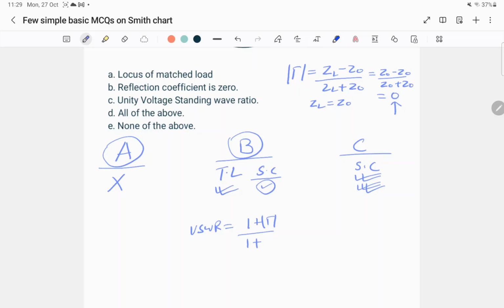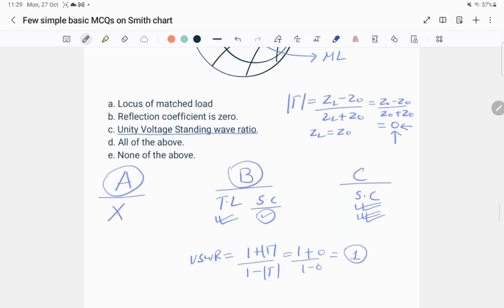Sorry, the numerator is 1 plus reflection coefficient and the denominator is 1 minus reflection coefficient. The reflection coefficient value is found to be 0. So if you put 0 here, you will get VSWR equal to 1. So unity voltage standing wave ratio is also a correct option. So the correct option should be D, all of the above.